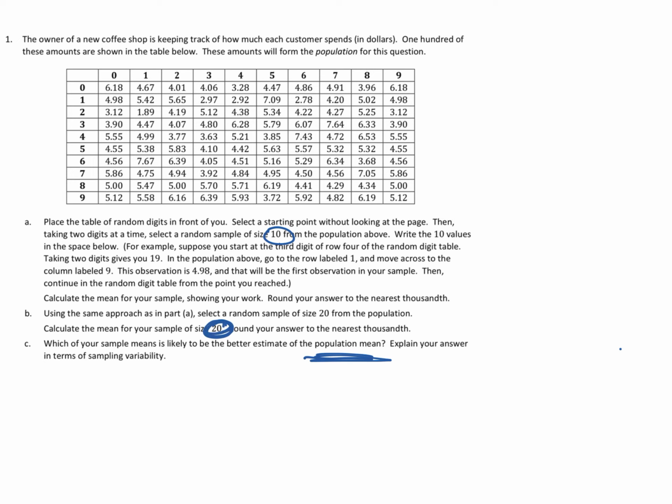So the one with 20 should be a better estimate of the population mean because it has more data in it, and more data reduces the sampling variability. You're going to write your answer to part C in your own words. I've explained it in mine. You come up with a sentence to write for C.